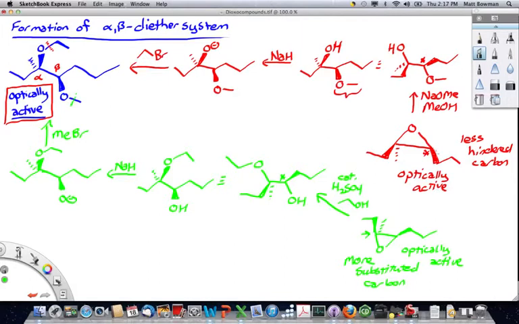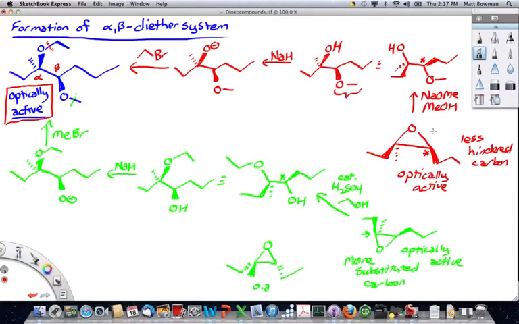The relationship between the two epoxides is the following. Here's the green one. If I flip that one around, that's this one. It's optically active.